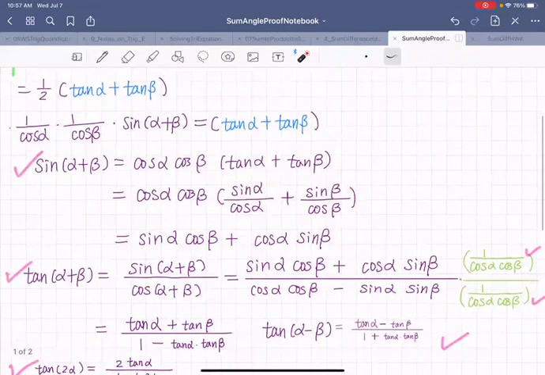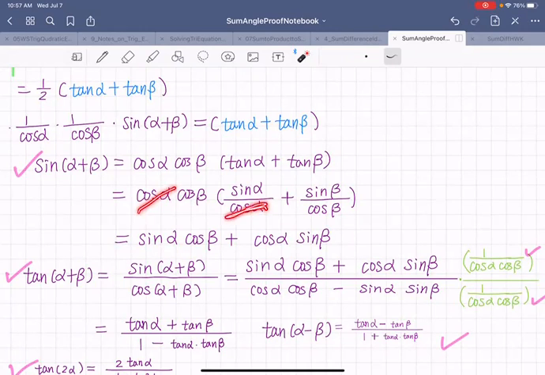Now, Julia, look at this with me together. Cosine alpha times this canceled, right? So this becomes cosine beta times sine alpha, right? And this guy also gets canceled. So this becomes cosine alpha times sine beta, right? Okay.